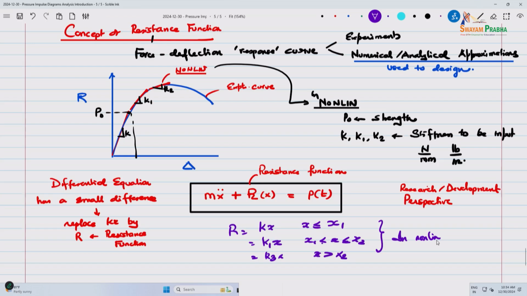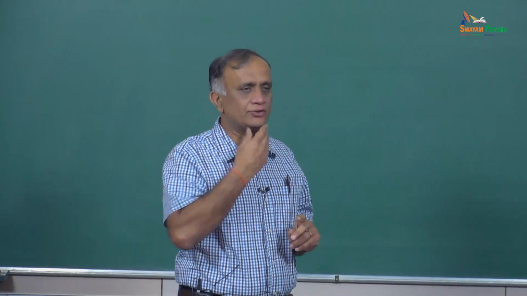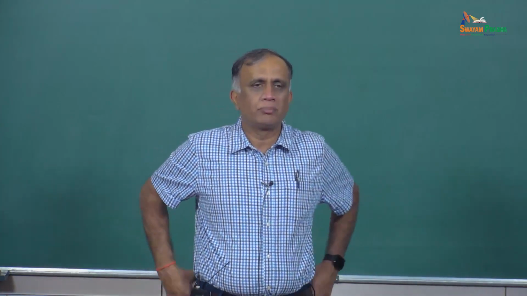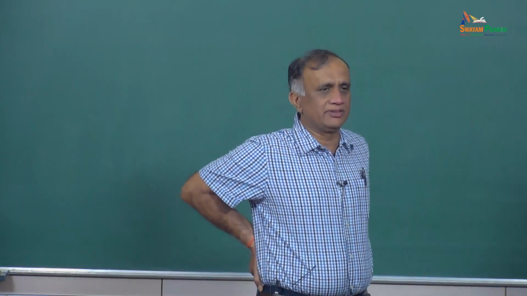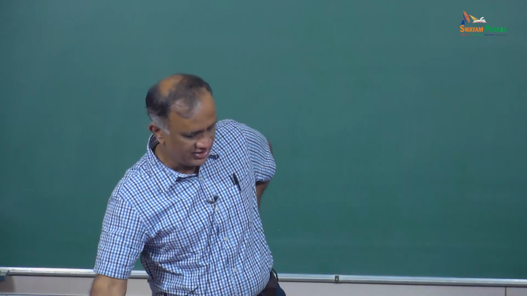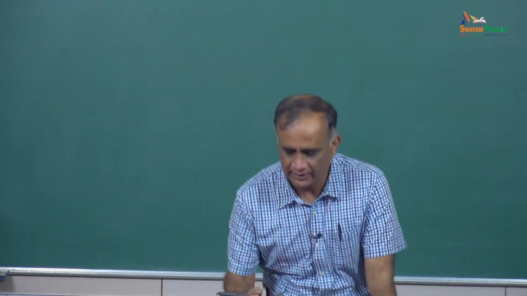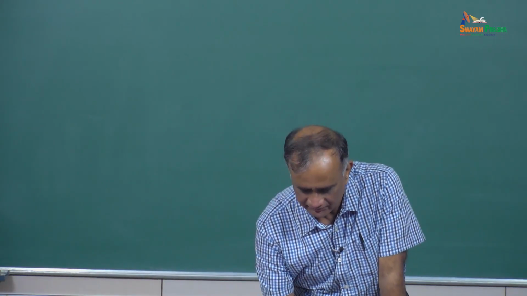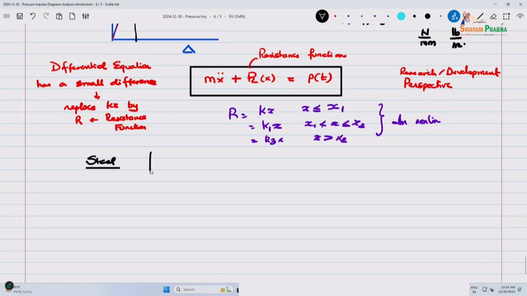And you might ask me what stiffness values you should input if you do not know, because you can calculate the initial stiffness, but calculating the subsequent stiffnesses is going to be a challenge. If it is steel, steel is rigid plastic. So for steel structures, this is P naught versus delta.